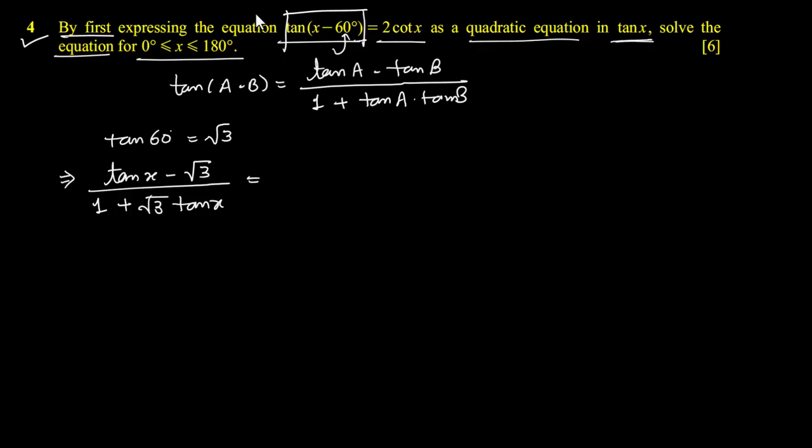This equals cot x, so I can write it as 1 over tan x, because cot is the reciprocal of tan.